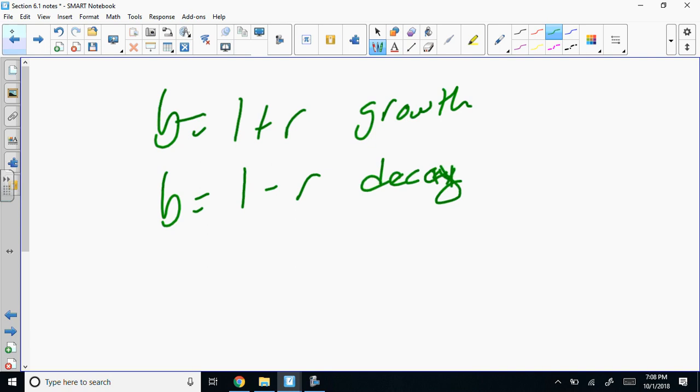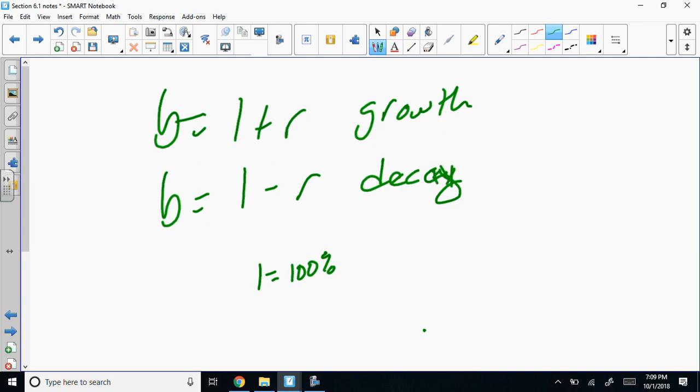The 1 is 100%. It's what you got plus that much, or what you got minus that. The 1 equals 100% because the r is being put in as a decimal.